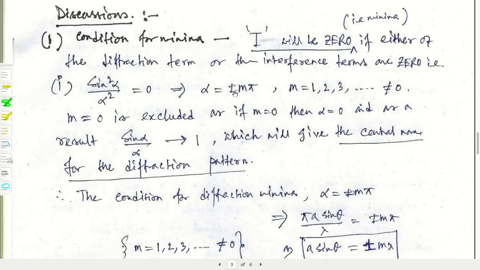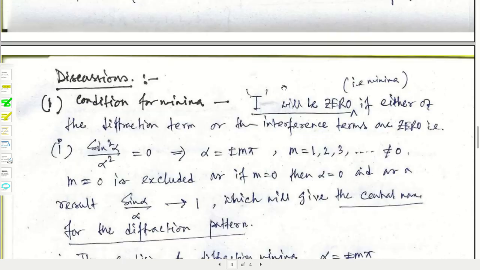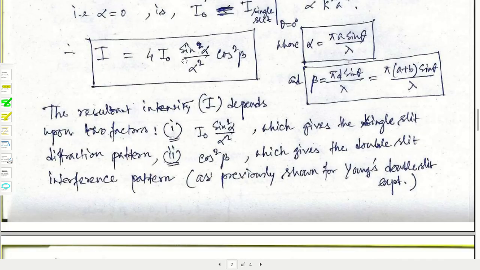Okay, let's do this. Condition for minima: first the intensity will be 0 to get the dark point at P, if either the diffraction term or the interference term is 0. They are multiplied to each other. There are two graphs, one cos square beta graph and one sin square alpha by alpha square, which we drew in our single slit diffraction class. Those two graphs are multiplied to each other.